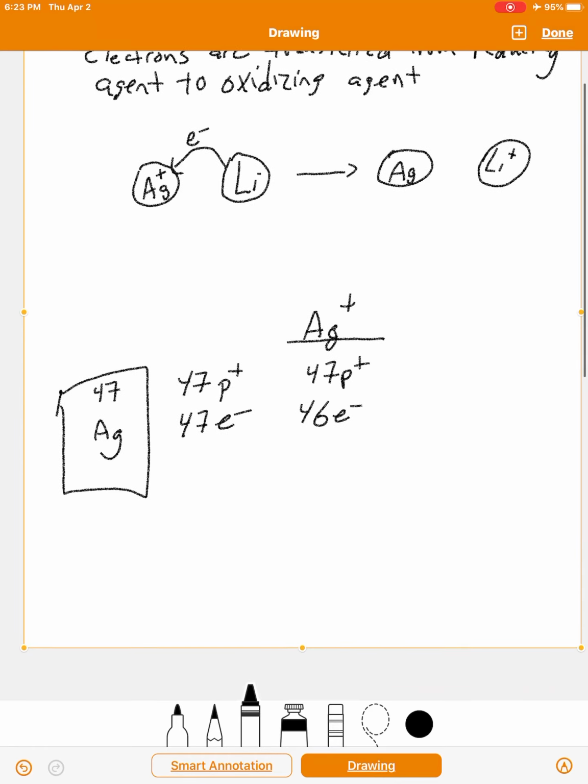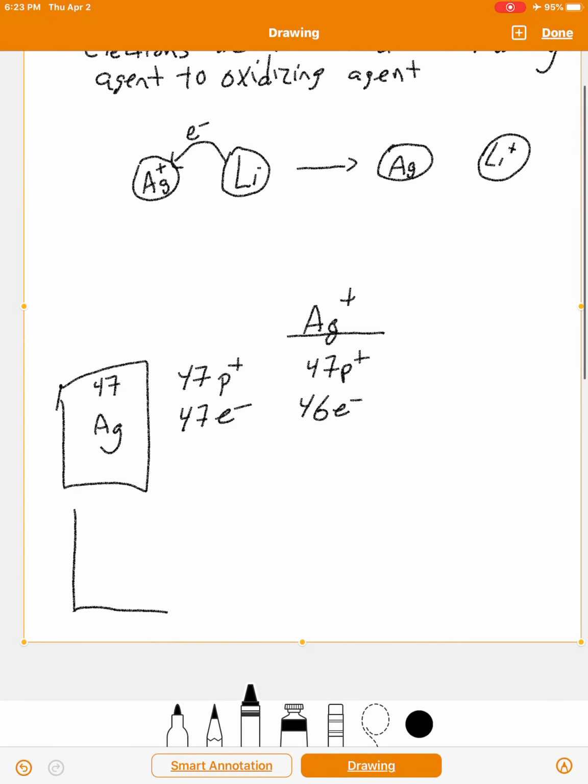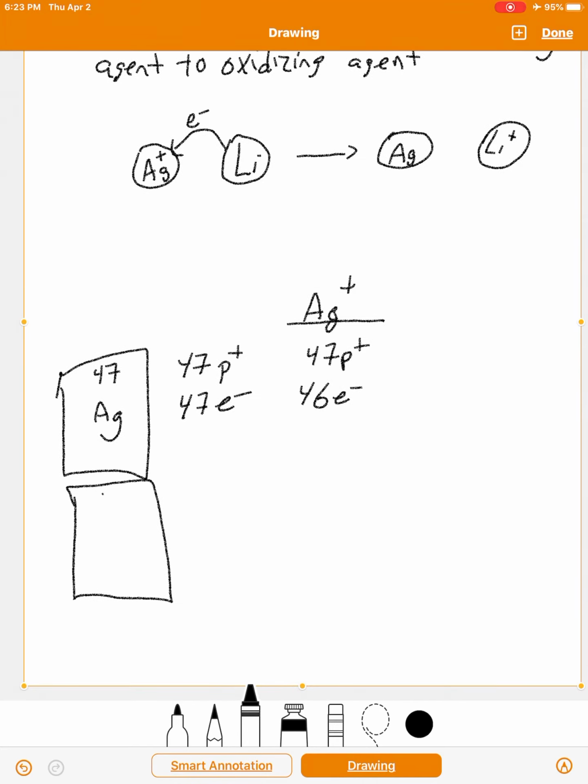Now what about the lithium? The lithium atom. Well, lithium is element number 3. So a lithium atom has 3 protons and 3 electrons. If you remove one of the electrons, now you have 3 protons and 2 electrons.